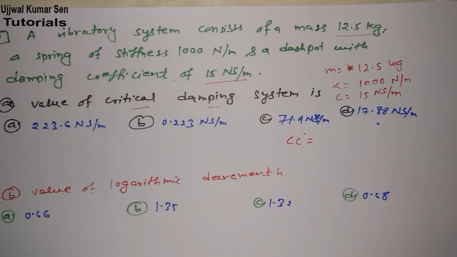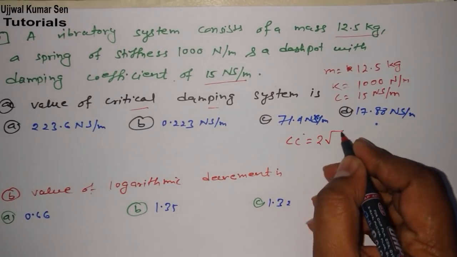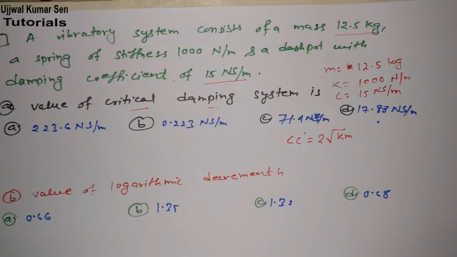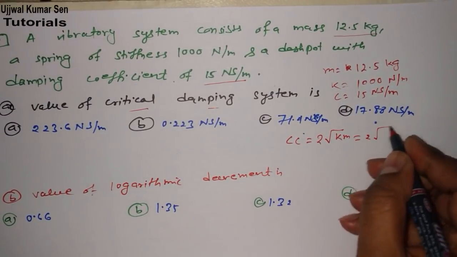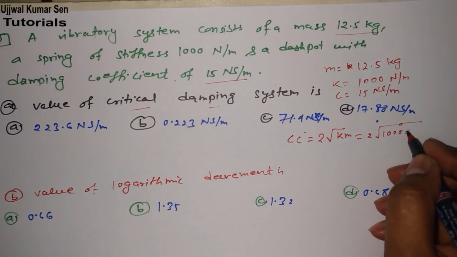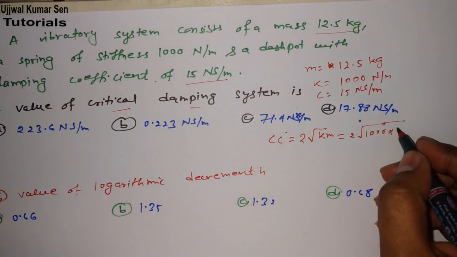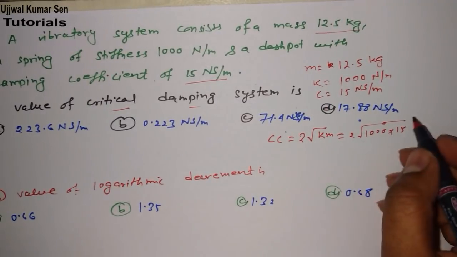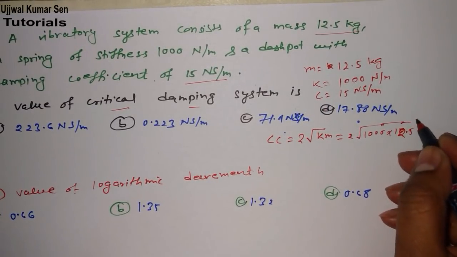The formula I have shared to find Cc is 2 root under km. So what is k? I have shared, stiffness, that is 1000. And what is m? That is 12.5 kg.